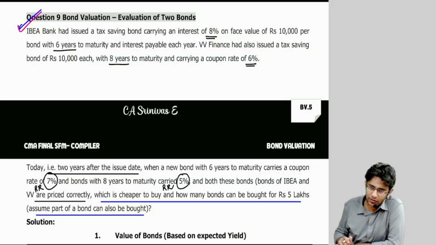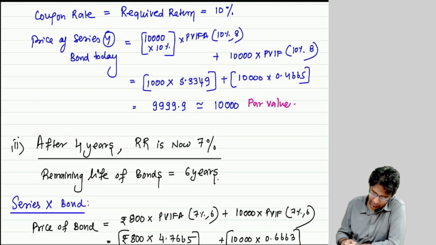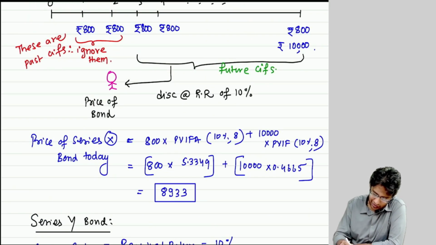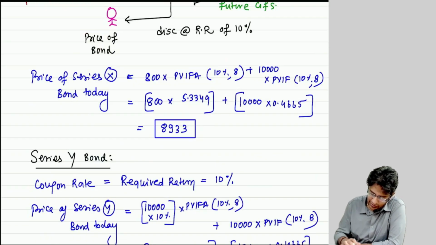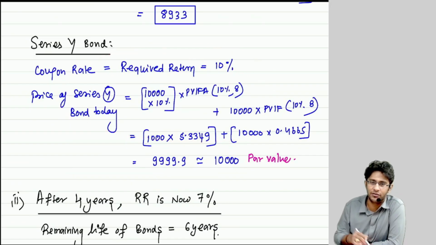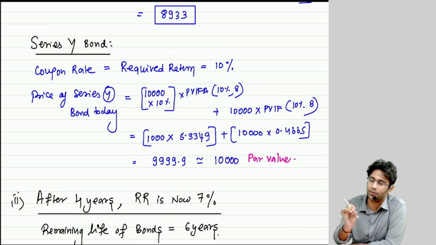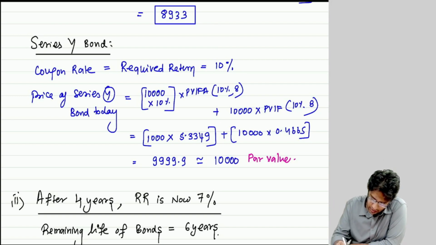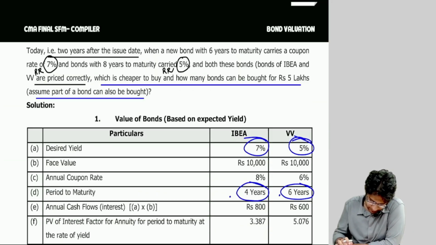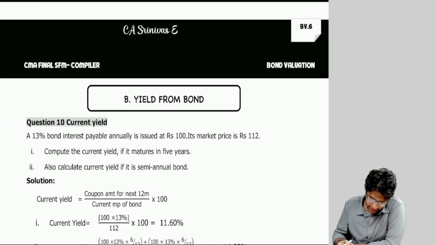All you have to do is one line, one bond's price, another line, another bond's price. Whichever is cheaper, take that bond's price, divide 5 lakhs by it, and get the answer. Over, 7 marks. You understand, sir? Concept clarity should be there. Nice. Move on. Next, yield.